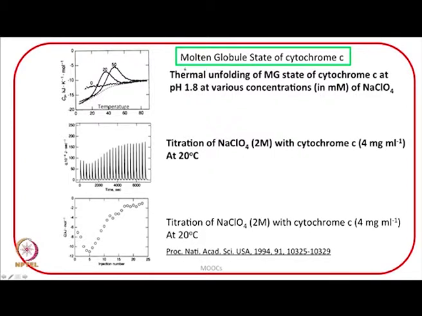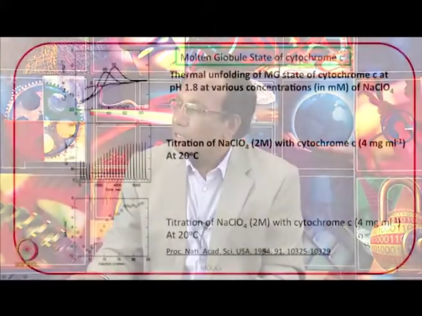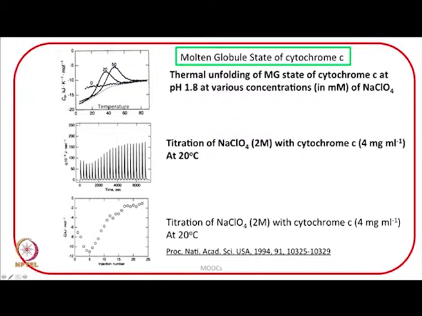Similarly, the molten globule state of cytochrome C has also shown cooperative thermal transitions in differential scanning calorimetry. As I mentioned in one of the lectures, when you lower the pH of a protein, for example in the case of cytochrome C, if you lower the pH to 1.8, that corresponds to the zero line. Zero line means there is 0 molar additive in that.